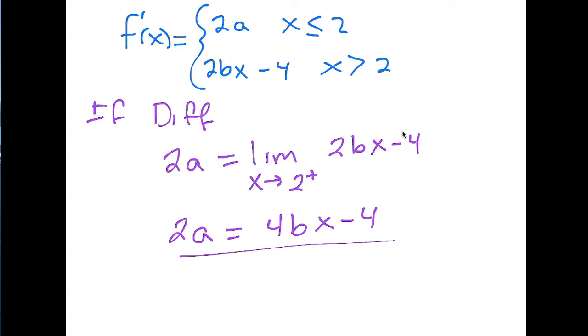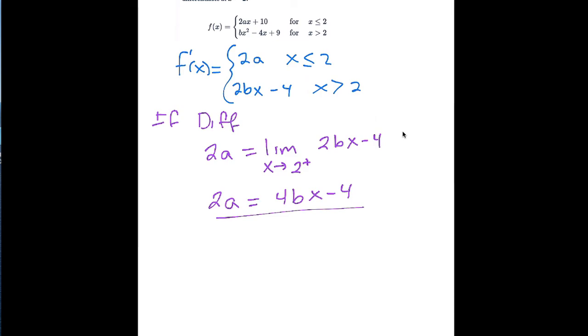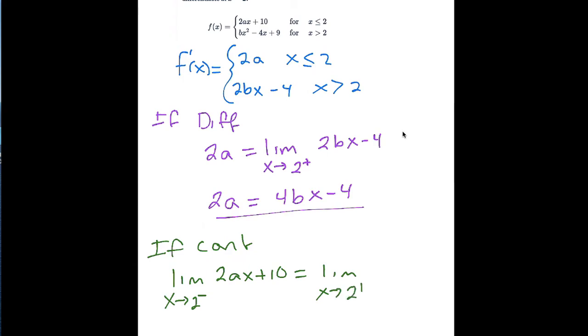Okay, so now we also have to do the same kind of thing with continuity. Notice if it's differentiable, it might be continuous also. So if it's continuous, we need the limit as x goes towards 2 from the left-hand side of 2ax plus 10 to equal the limit as x goes towards 2 from the right-hand side of bx squared minus 4x plus 9.